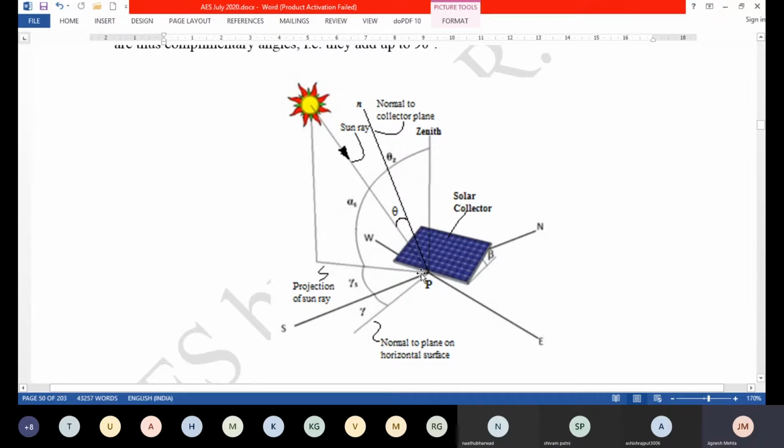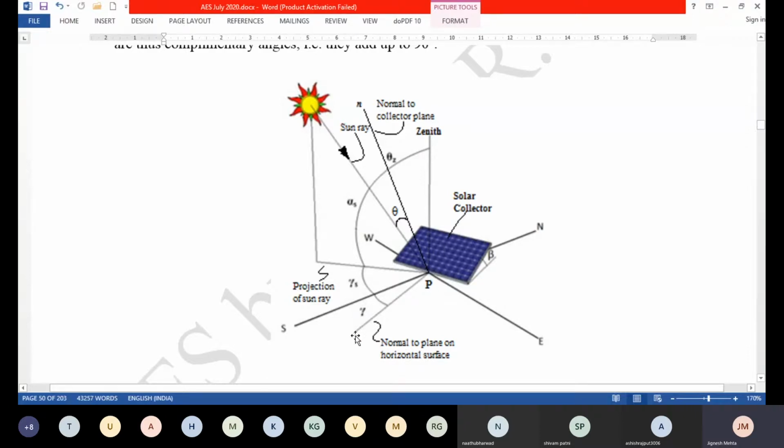And then this surface, if it is this horizontal line, and if you draw perpendicular to that, if it is exactly along the north south line, then this gamma, which is called surface azimuth angle, would be 0, right, if it is exactly facing the south. But if it is slightly rotated, then it is not exactly facing the south.